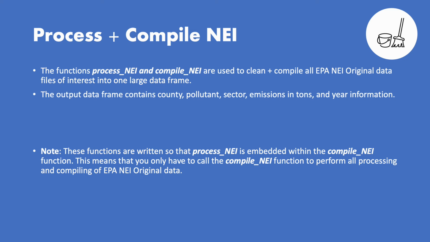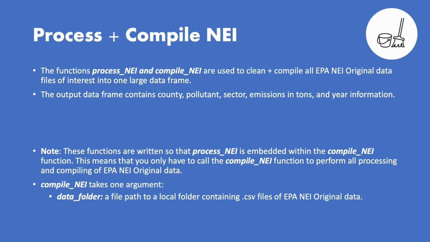It's important to note that these functions are written so that process NEI is embedded within the compile NEI function. This means that you only have to call the compile NEI function to perform all the processing and compiling of EPA NEI data. Compile NEI takes one argument, which is data folder, which is a file path to a local folder containing CSV files of EPA NEI data.